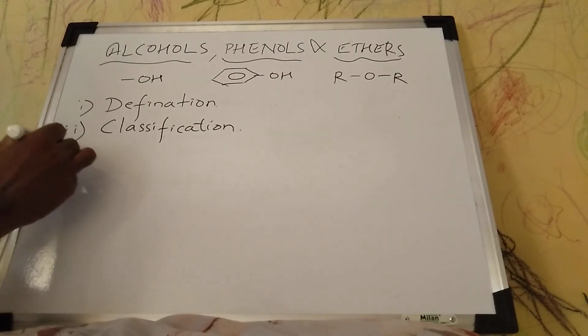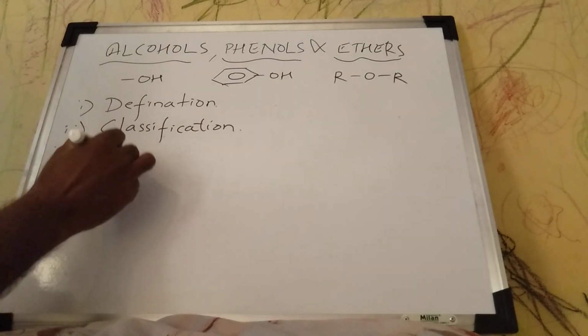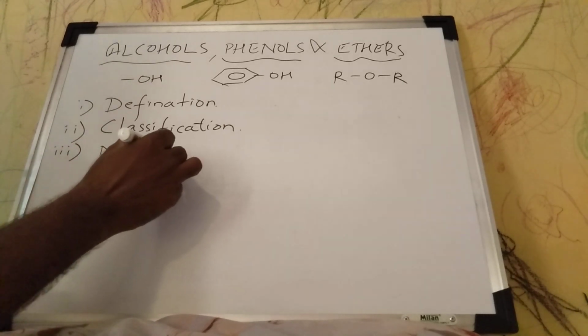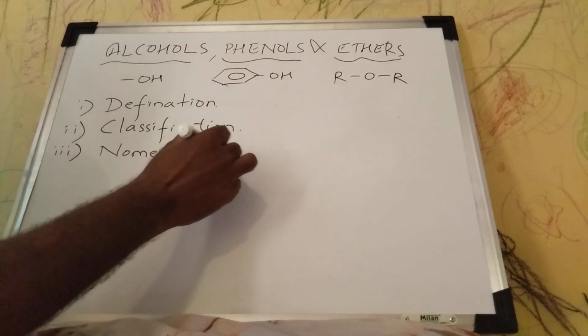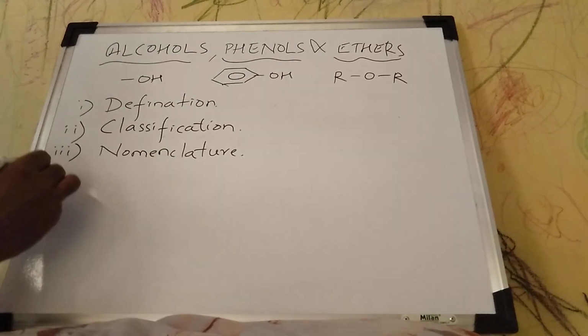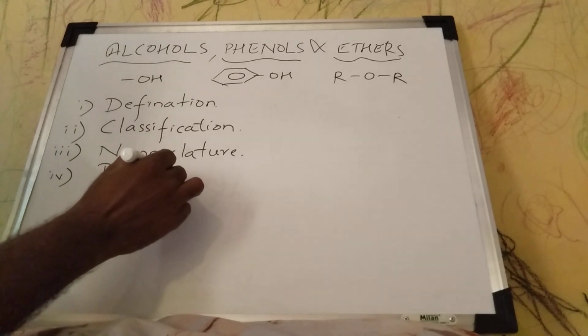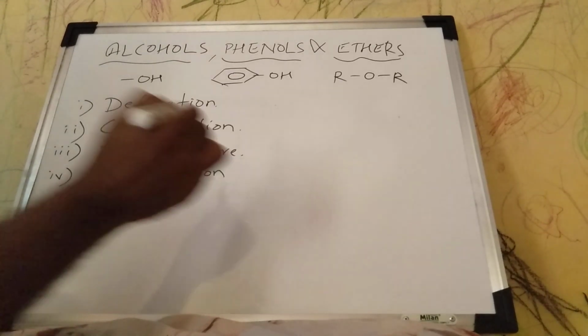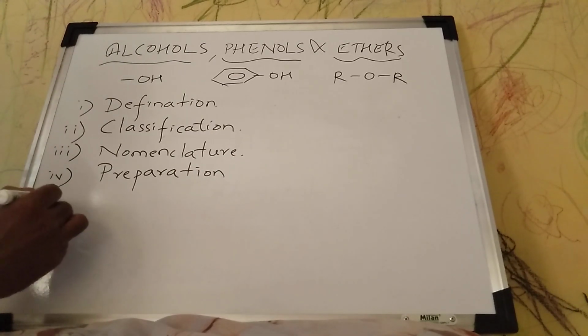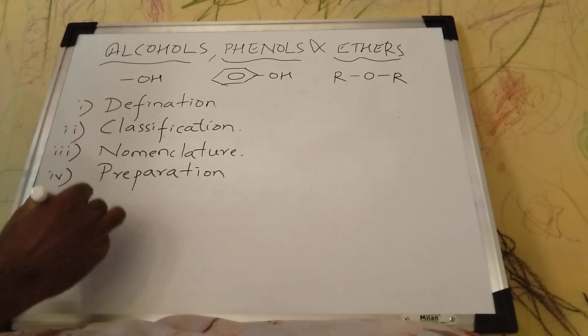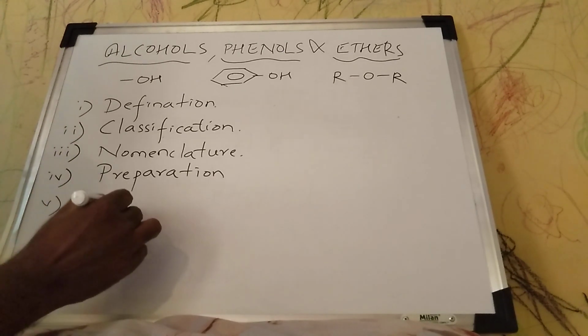Third is the nomenclature. Fourth is the preparation of those compounds. Fifth includes the properties.